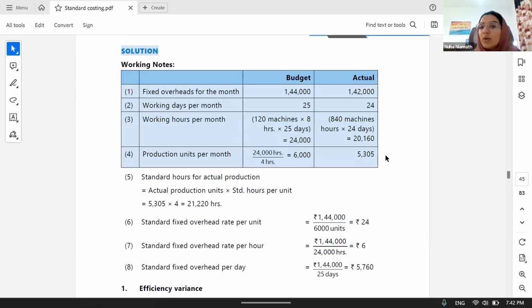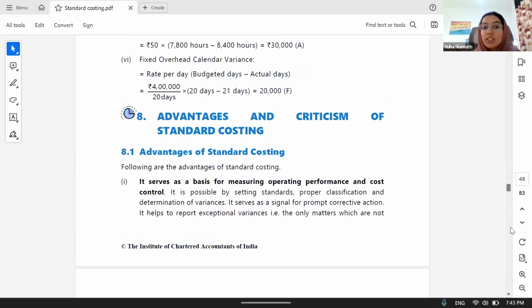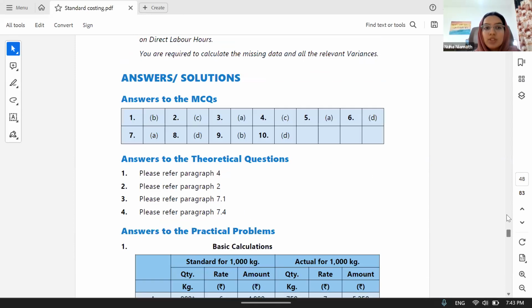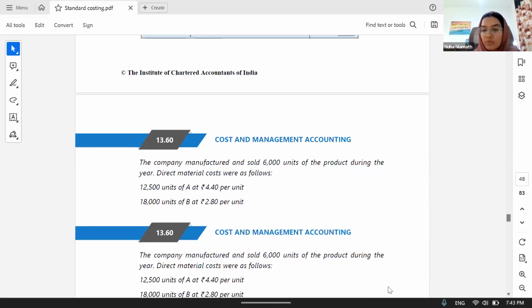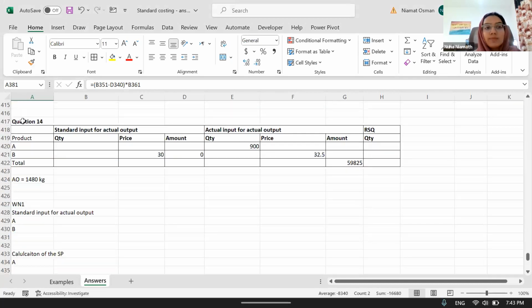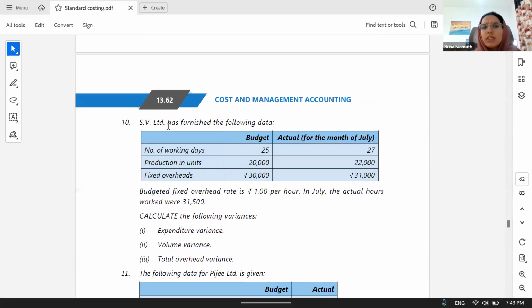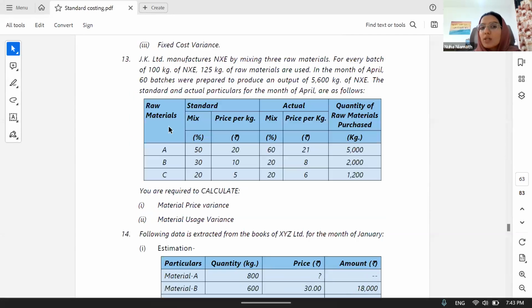The only thing I noticed in Test Your Knowledge was one specific question which was a little different, which is this one. Question number 14. I found it a little different because it had a little bit of back working.